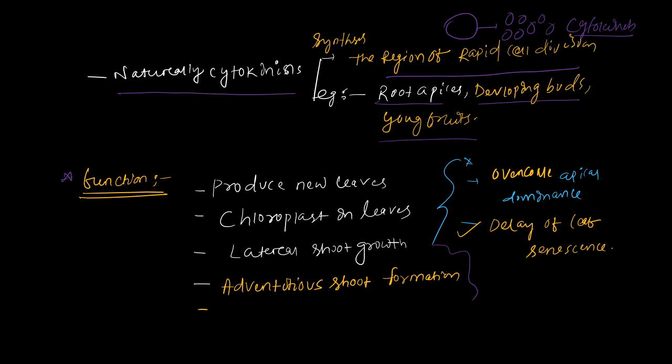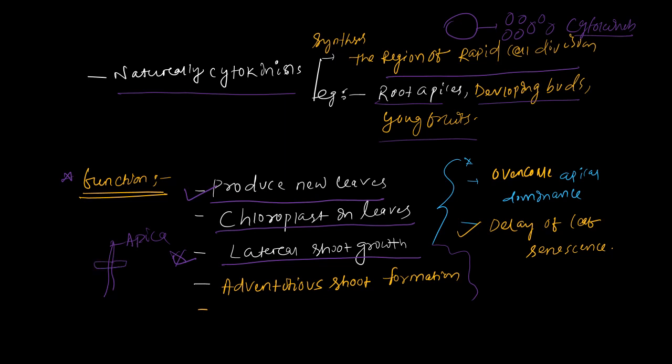Function. So what is the physiological function of cytokinin? It helps in producing new leaves, and it helps in formation of chloroplast in leaves. This is the most important point, lateral shoot growth. We know this is a plant, this is the apical part, and this is the lateral part.